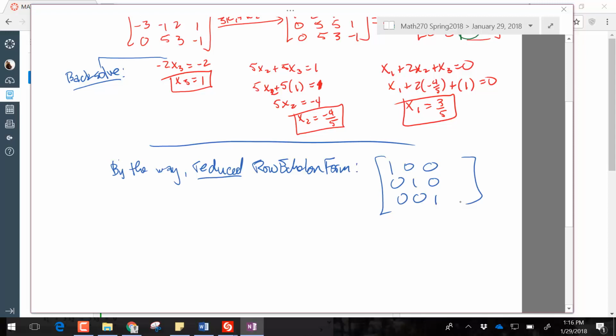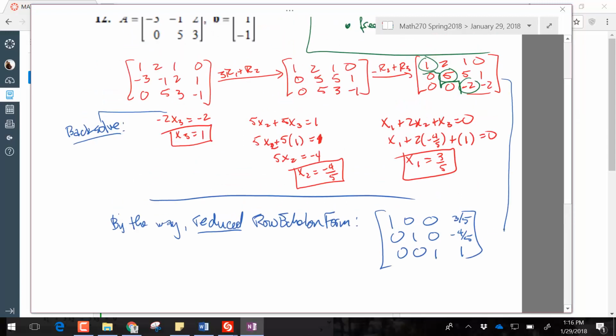It's going to have to be like zeros and ones, and then the last column would be the solution, right? So we got x3 is equal to 1, x2 is equal to negative 4/5, and then x1 is equal to 3/5. Okay, if we were to go all the way with our row reducing, we would have eventually gotten this.